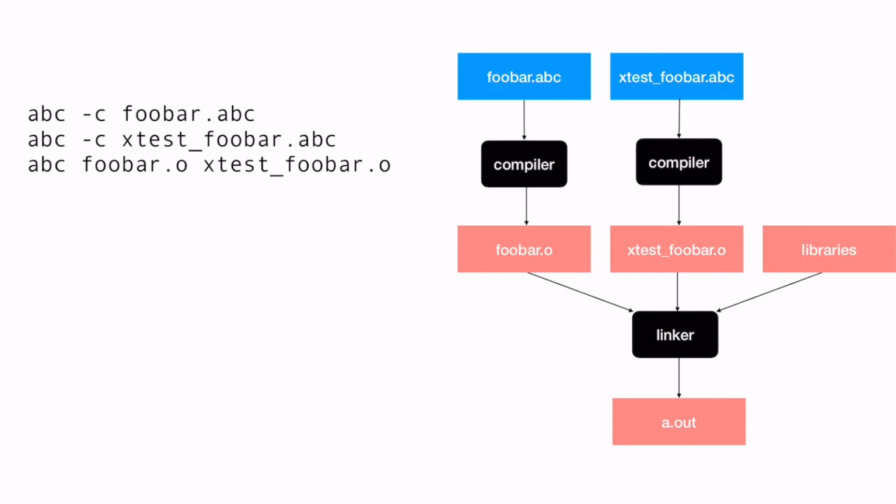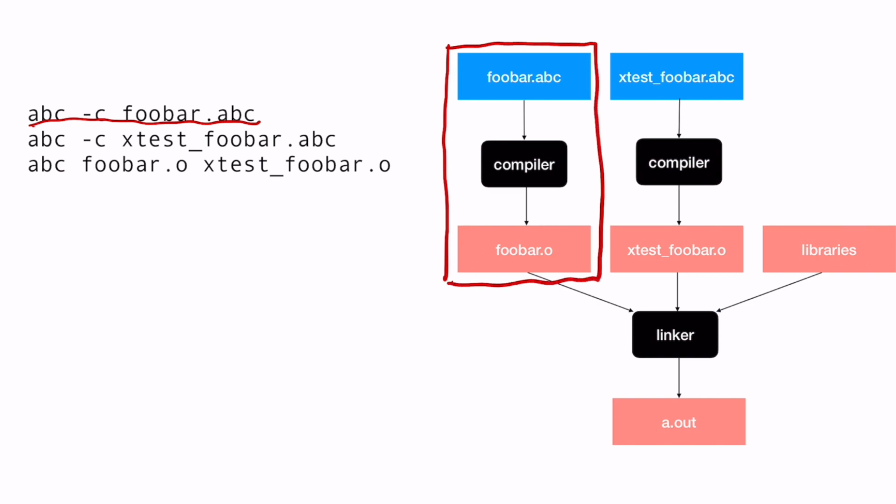Now, why is this background useful to understand how header files are used to exchange information? Well, you saw that when you translate this source file foobar.abc into an object file, the compiler basically is just using foobar.abc for generating the object file. The compiler has no information about the test program.